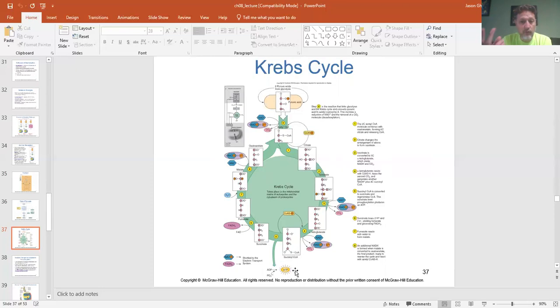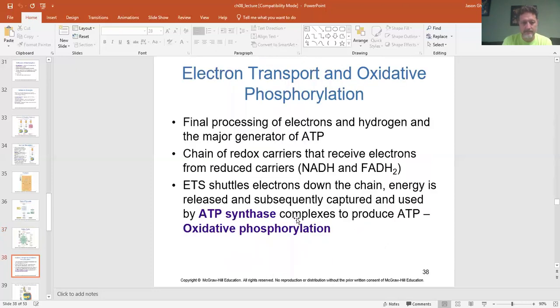And since we have to do this twice, we double all of this. So we have a total of 2, 4, 6, 8 NADHs produced, 2 FADHs, and 2 ATPs. That's from the lead-in and the Krebs cycle alone. Then we also have to remember what we produced with glycolysis.